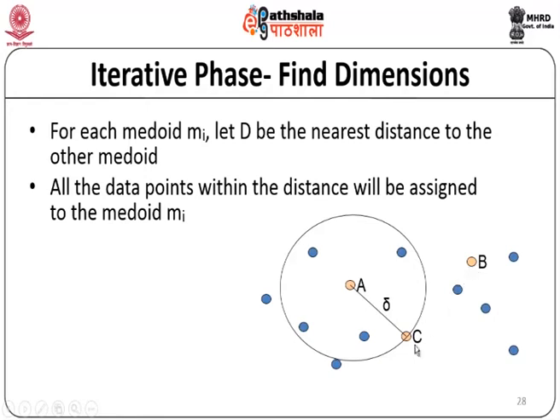C is nearest. Now, we fix the distance from A to C as a minimal distance and identify what are the data points that fall within this neighborhood, which is defined by this minimal distance delta. So, we find 4 data points falling within this, and hence we say that A seems to be a good medoid when compared with B.